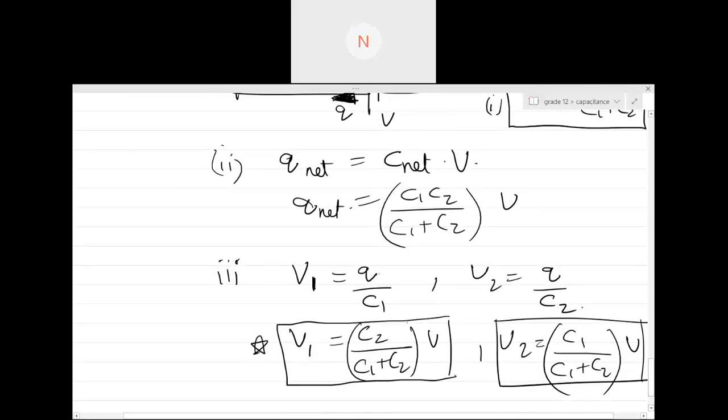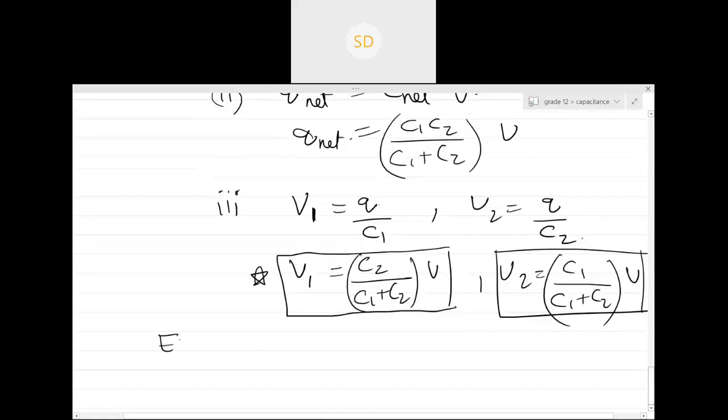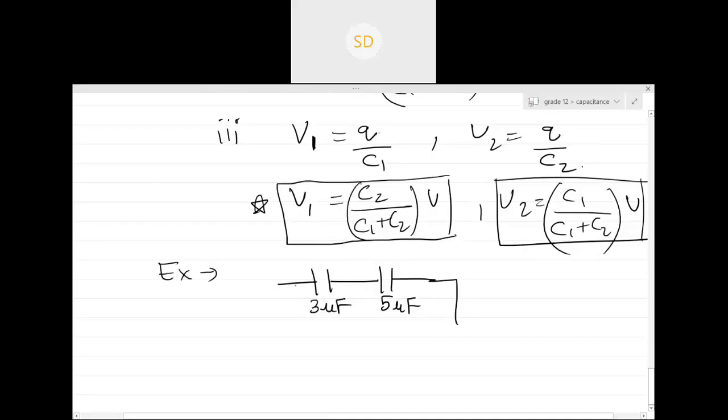Let me give you an example. Suppose there are two capacitors, let's say this is 3 microfarad and this is 5 microfarad, and someone tells you to find the potential difference across them if they are connected to a 16-volt battery. How will you do it?